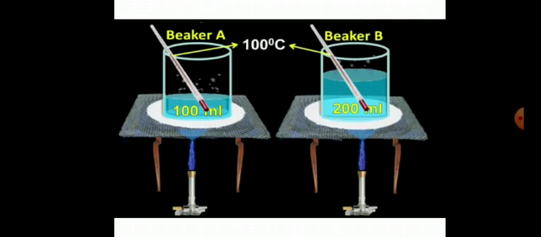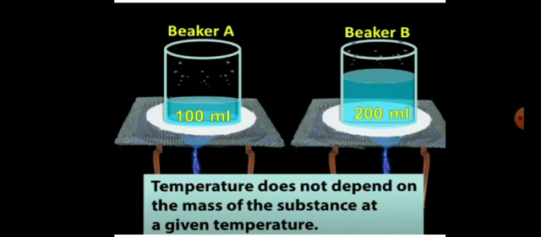Both the beakers, though they have different quantities of water, when heat is supplied to both the beakers, water will boil at the same temperature, that is 100 degrees centigrade. So temperature does not depend upon the mass of substance.